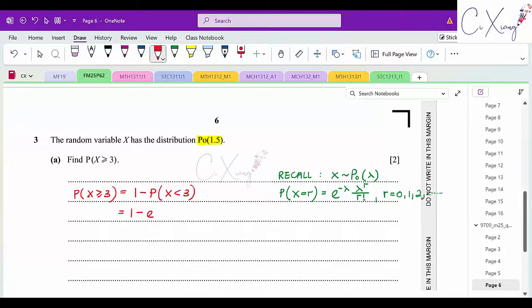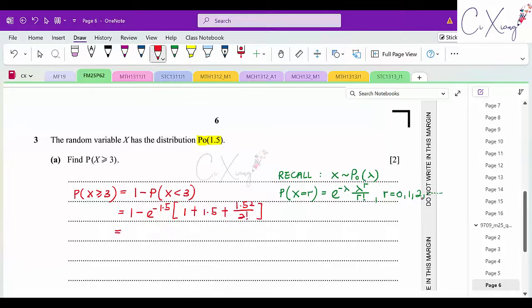So I have e to the negative lambda, where lambda here is 1.5, times lambda to the power 0 divided by 0 factorial for X equals 0, which is 1, followed by lambda to the power 1 divided by 1 factorial, which is lambda, plus lambda to the power 2 divided by 2 factorial for X equals 2.